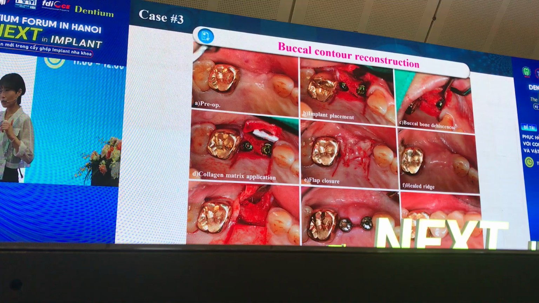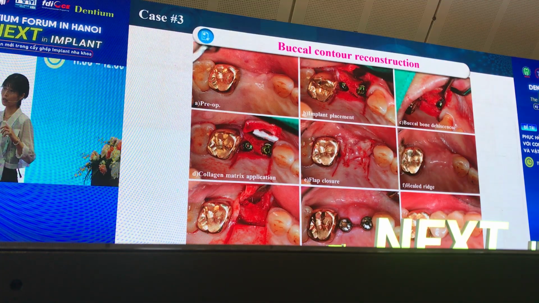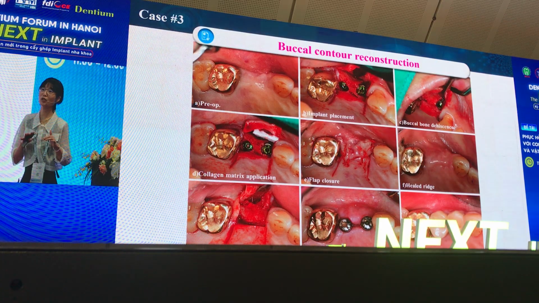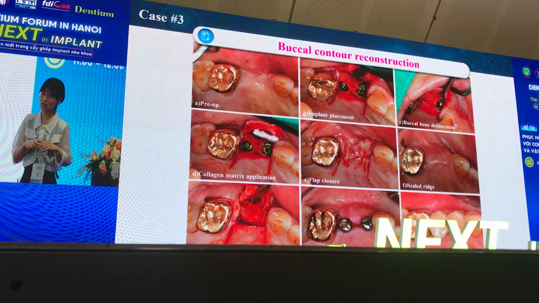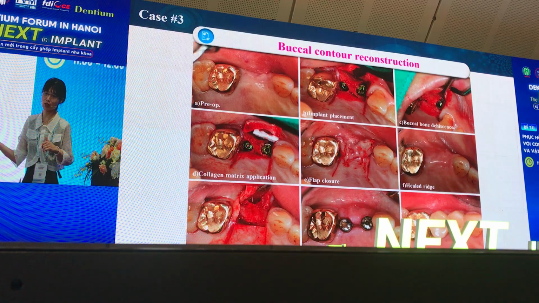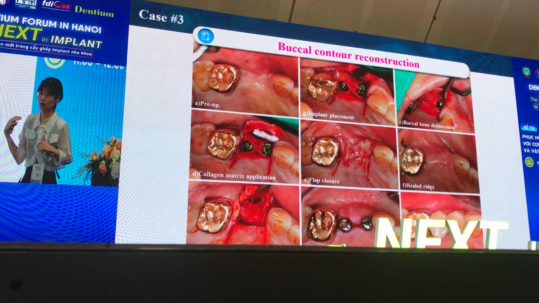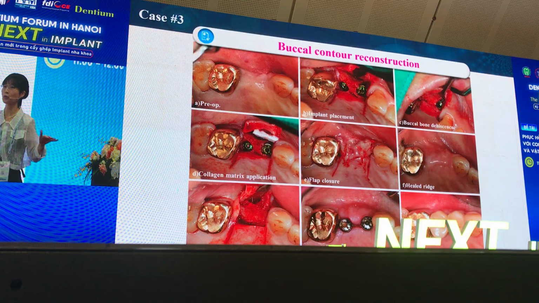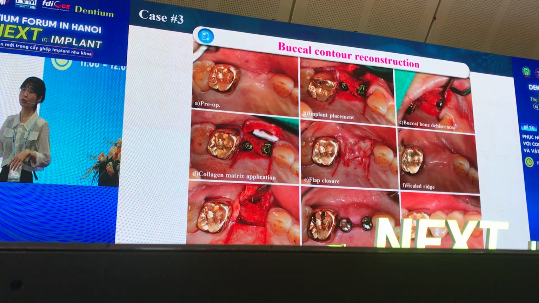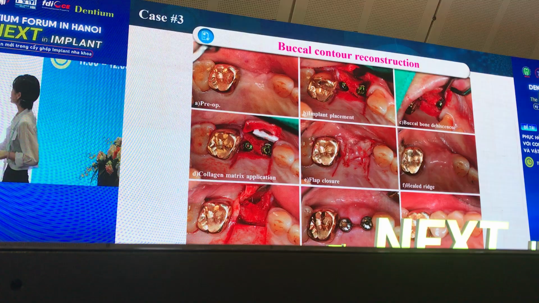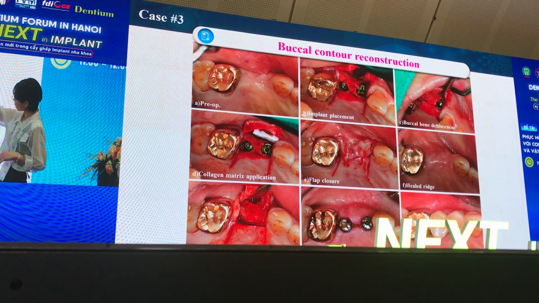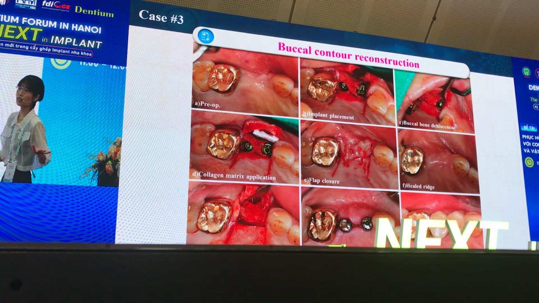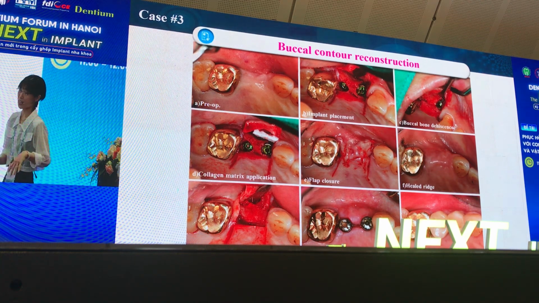I could have connected the healing abutment, but I planned a second-stage procedure because I wanted to check. I just applied the collagen graft to the outside and did not apply graft material inside.